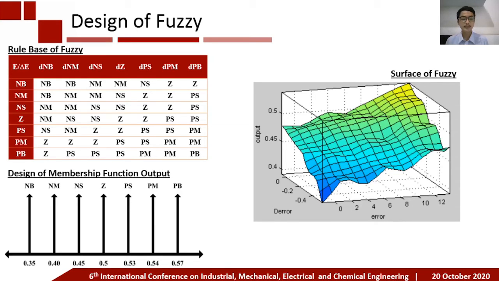Design of membership function output. There are ND 0.35, NM 0.4, NS 0.45, Z 0.5, TS 0.53, TM 0.54, and TB 0.57. From the rule base and membership function output, we get the surface.